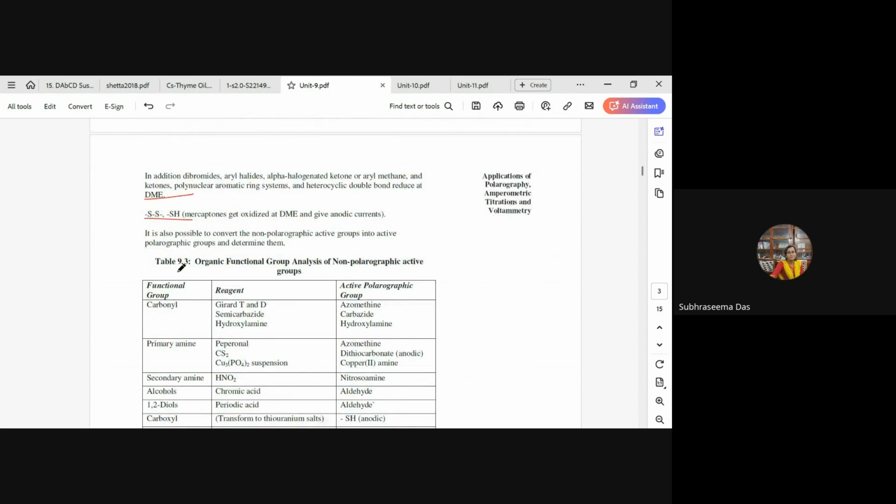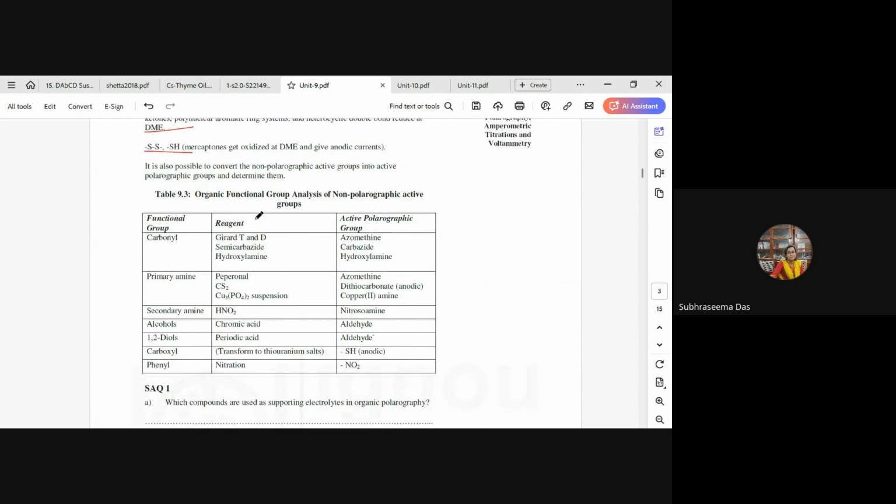Now coming to table 9.3, the organic functional group analysis of non-polarographic active groups has been shown. These non-polarographic active groups are first converted to polarographic active groups and then determined by polarography. First, we can see the carbonyl group. If we give the reagent Girard T and D, then it forms azomethine. If we react the carbonyl with semicarbazide, it forms the semicarbazone. If the carbonyl group is reacted with hydroxylamine, then it forms an oxime.